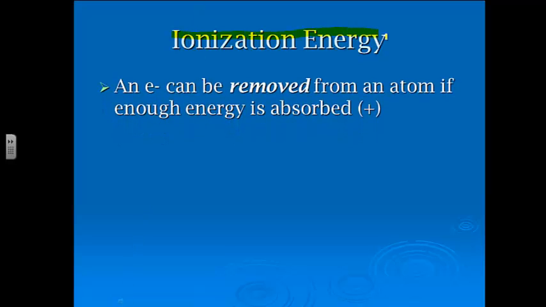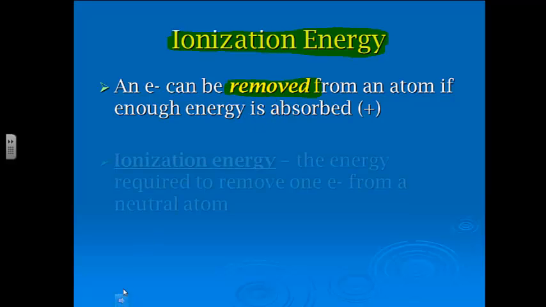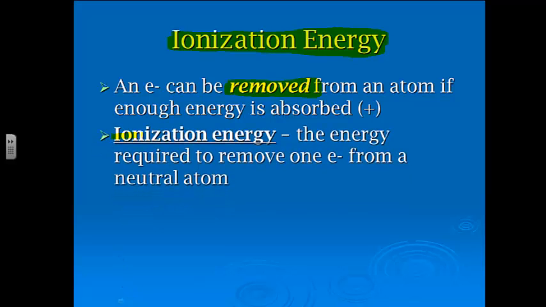Okay, ionization energy is the next one that is important. And for ionization energy, the definition is, an electron can be removed from an atom if enough energy is absorbed. So essentially, if you can take enough energy, you can take an electron away from an atom. And that's what our ionization energy is, the energy required to remove. You're going to see me do kind of an opposite here.